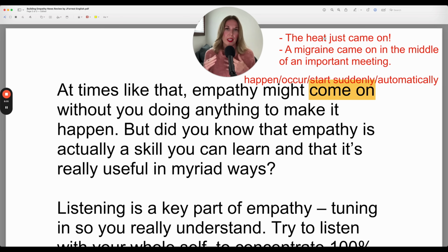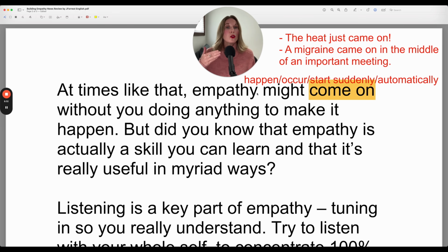That would be a very everyday use of this expression, and you can use it with the air conditioning, of course. But also, a migraine came on in the middle of an important meeting. So a migraine happened suddenly and automatically in the sense that you didn't do anything to create it. It just came on. A migraine came on in the middle of an important meeting.